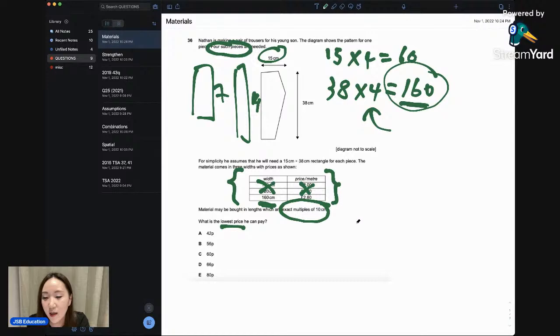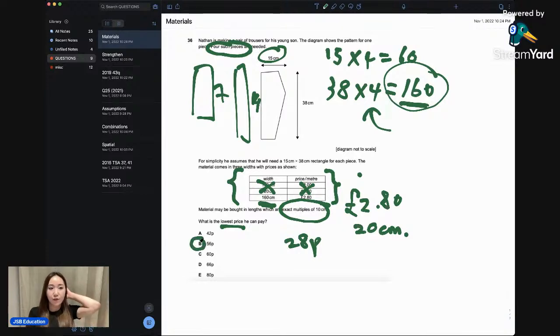But most of the time, you're missing out a bit of it. Here we're doing £2.80 per meter. For 15 centimeters, we need to buy 20 centimeters of it. That's 28 pence per 10 centimeters, so 56p because it's times 2. So the answer would be B.